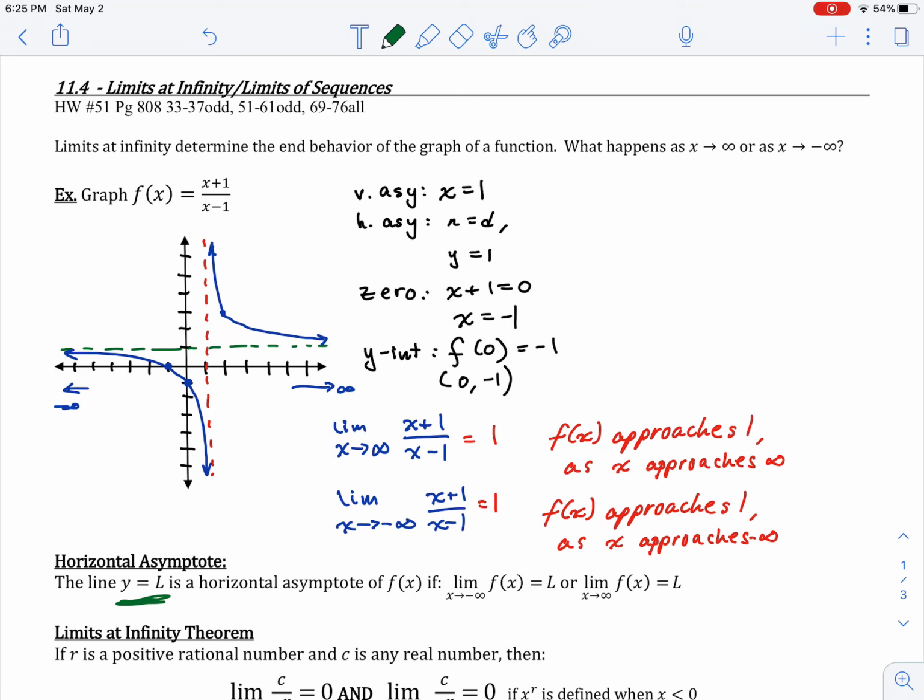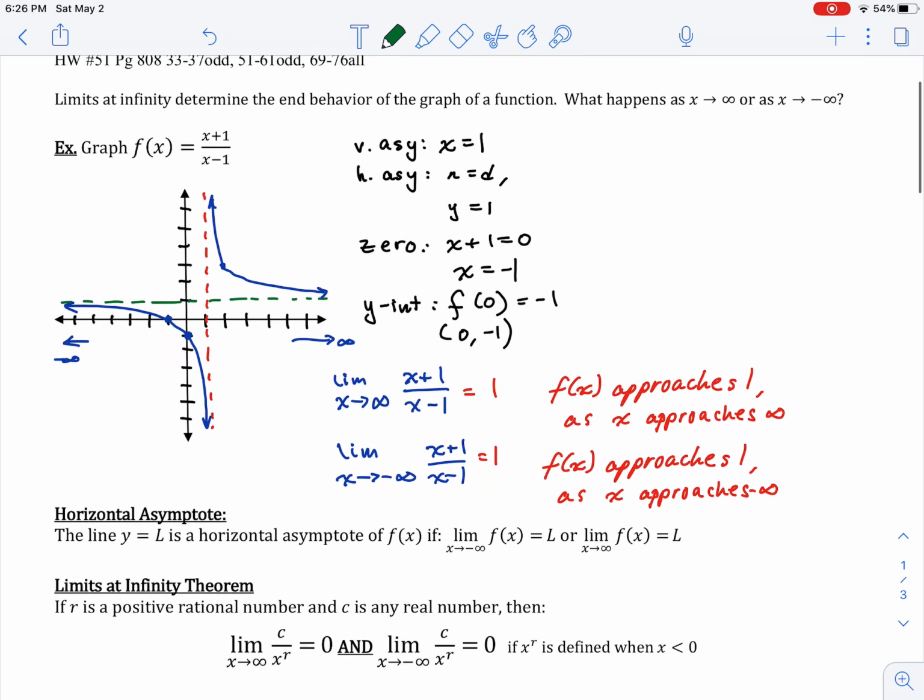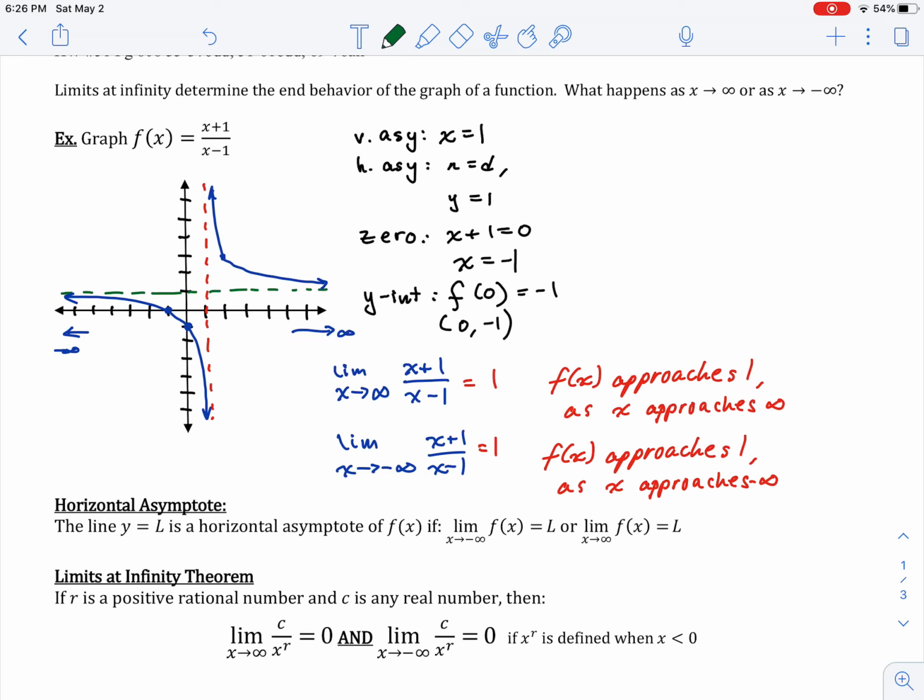So all this time we were working with horizontal asymptotes, not really realizing that they actually are limits. They're limits at infinity. So the horizontal asymptote is where your limit at infinity is, and we can leverage horizontal asymptotes to give us information about our limits at infinity.